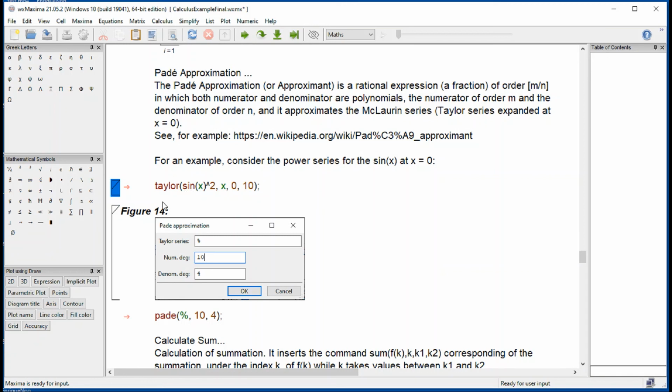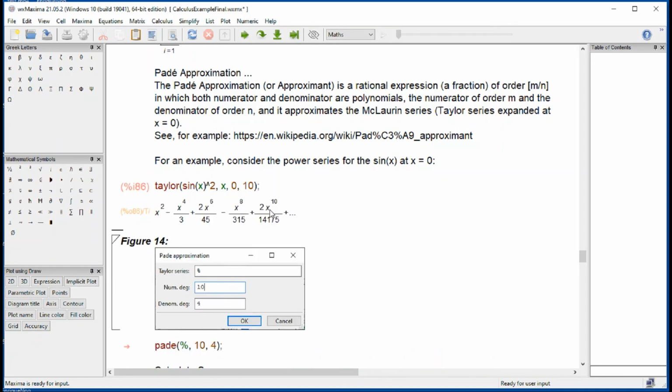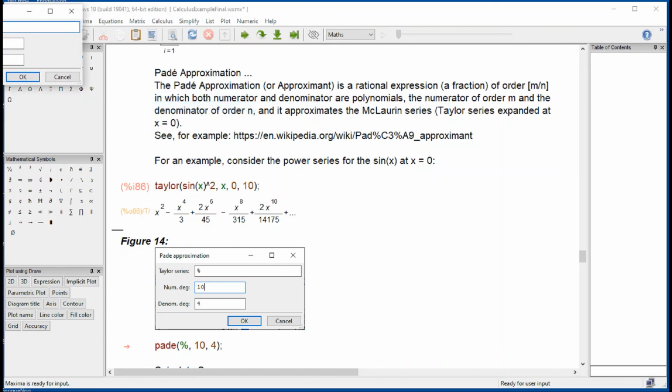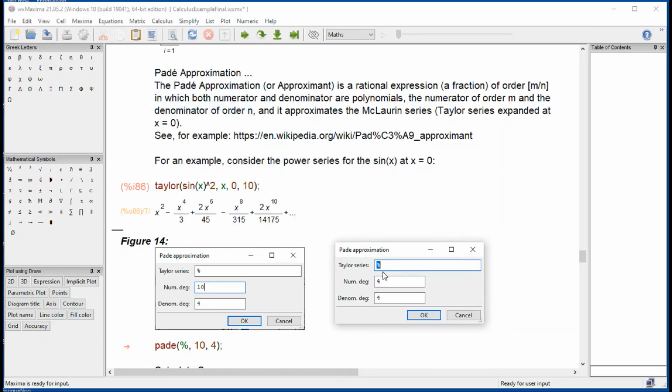So, for example, if you expand a Taylor series already, like this one, and you want to find the Padé approximation, you go Calculus, Padé approximation. For the previous result, the degree of the numerator will be 10, the degree of the denominator will be 4.